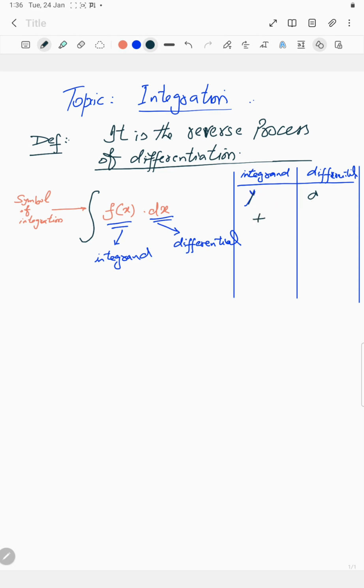If it is t, then it will be dt. If the integrand is in terms of z, then its differential will be dz. And if it is x, then its differential will be dx. So keep this in mind. The differential we need to write along with the integral sign depends upon the variable involved in the function.